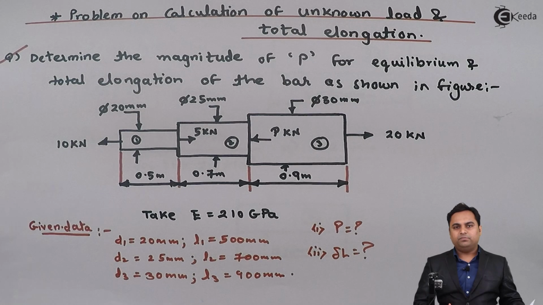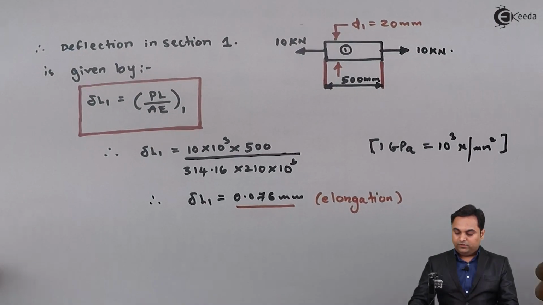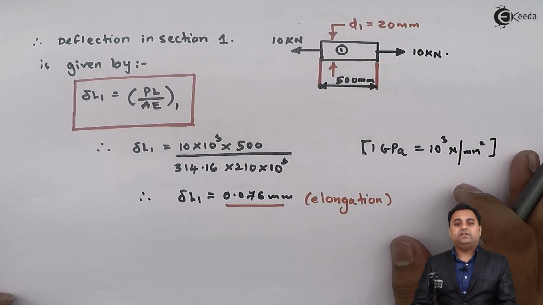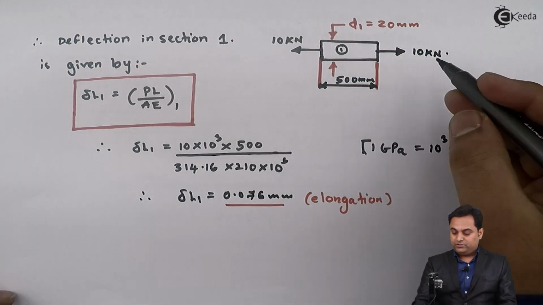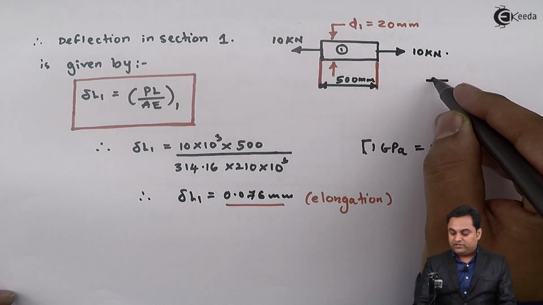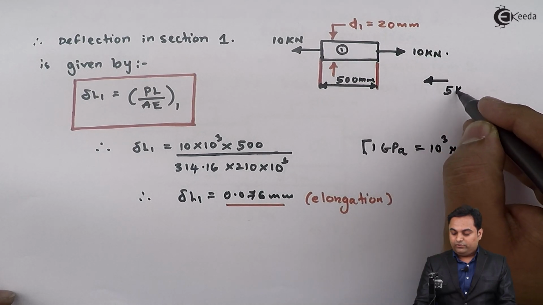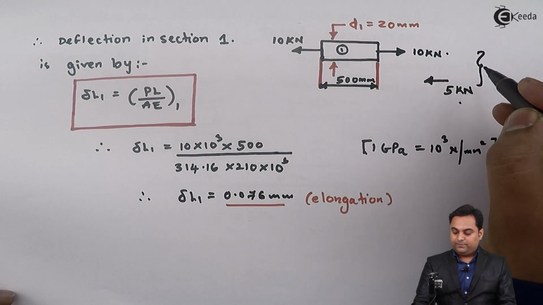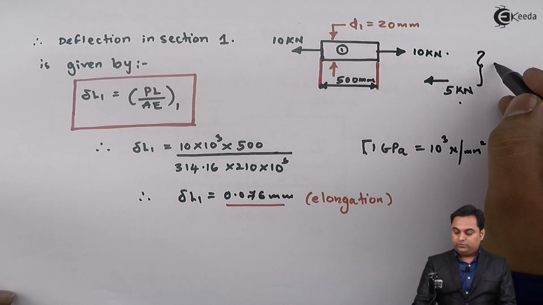So how we can complete this is that here we already have 10 kilonewton. So if we want the answer is 5, then we need to subtract 5 from this. So if at this junction I have another load which is of 5 kilonewton towards left, then by adding them my answer will become 5 kilonewton which would be towards right.